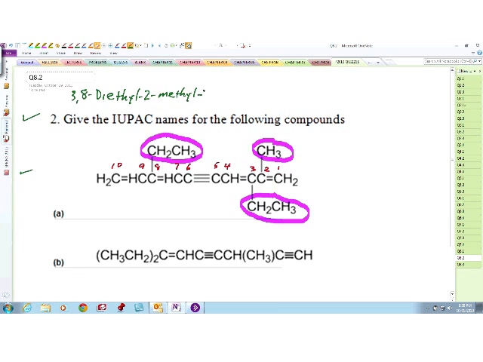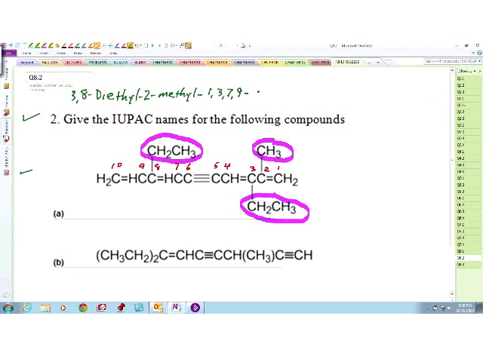Then what is next? Indicate the position of the double bonds. And that is what? 1, 3, 7, and 9.